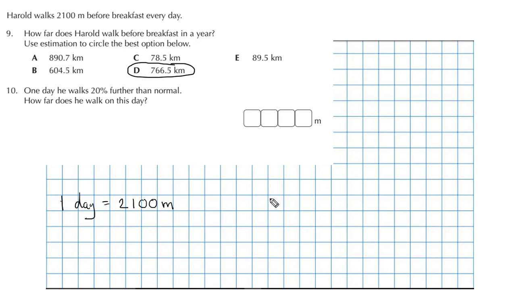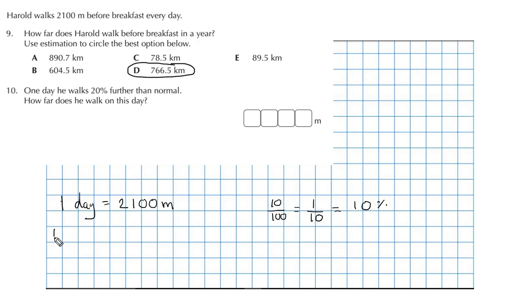Now, what's 10%? Remember, that's 10 over 100, because percent means per 100, and that is equal to 1 over 10, which is 1/10. So actually what we have to do is divide 2,100 by 10, and that will give us 1/10, which is equal to 10%.